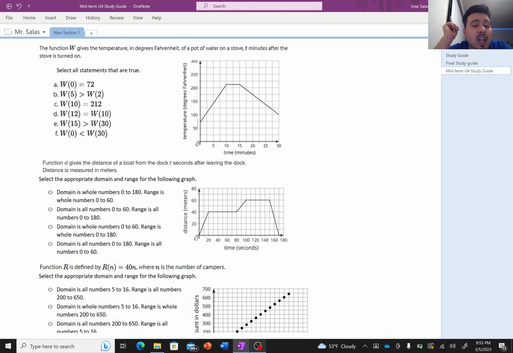Next, W of 5 is greater than W of 2. Let's go to W of 5 and go up to our graph. We put our point there. Okay, there's W of 5. Around here is 2.